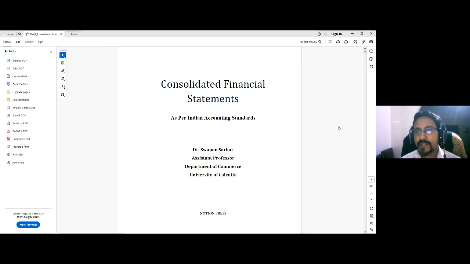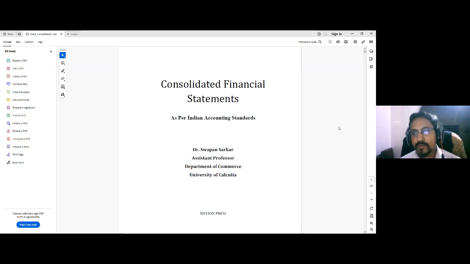Basically, this consolidated financial statement relates to that holding company accounts. However, the topics that we will discuss are based on the new set of accounting standards, not the old set.